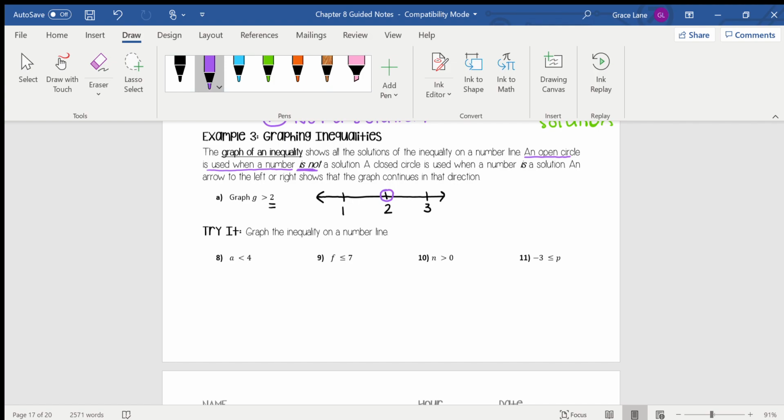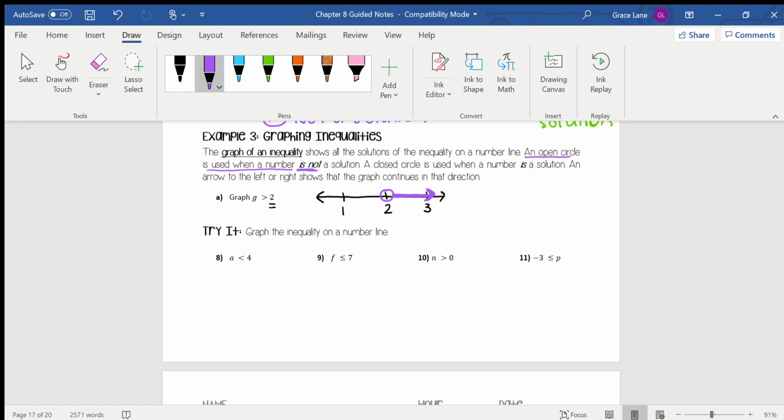Since I want numbers greater than 2, my arrow goes to the right. And I'm showing you that I'm talking about every number bigger than 2, and an arrow shows that it will keep going up and up and up.